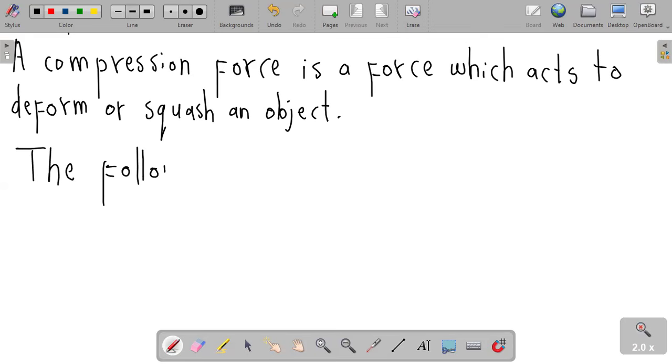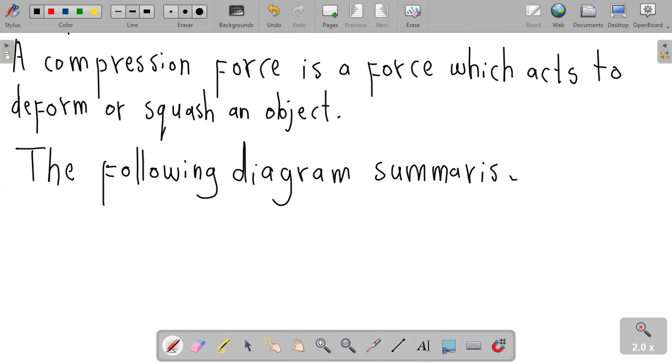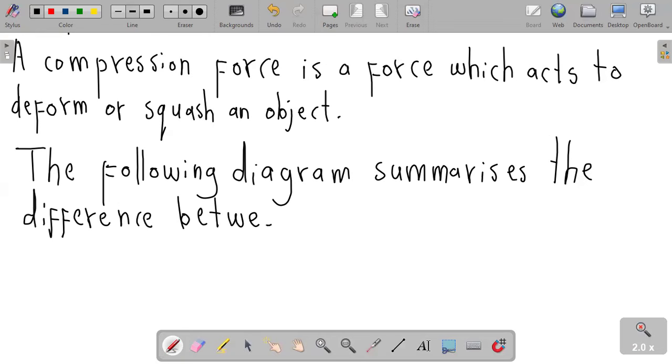The following diagram summarizes the difference between tension and compression.